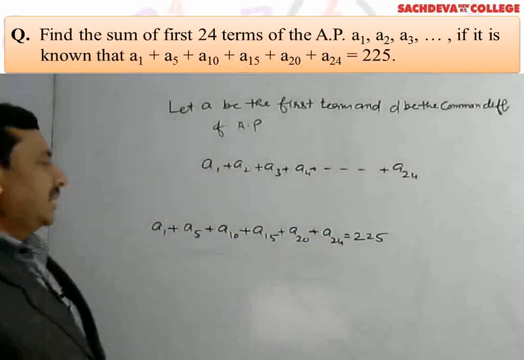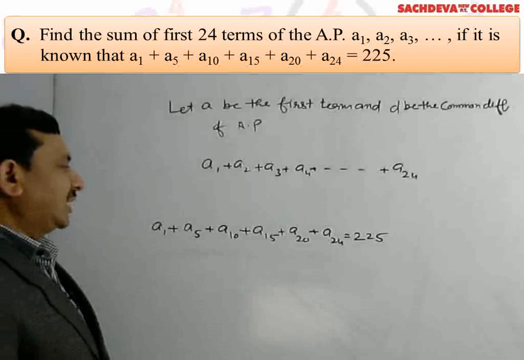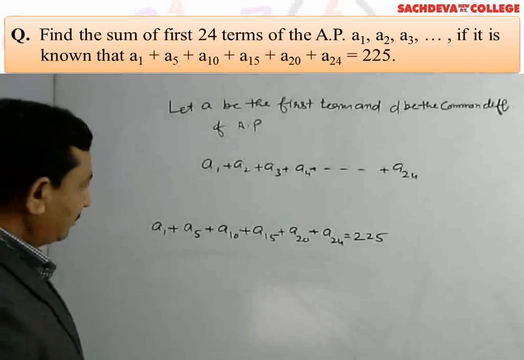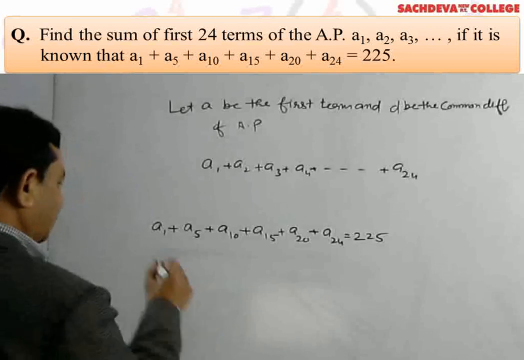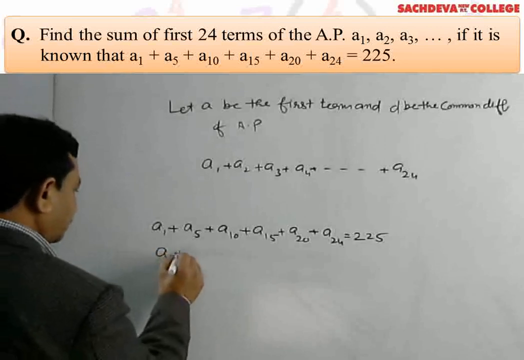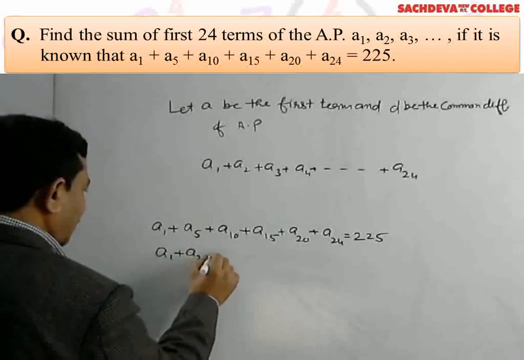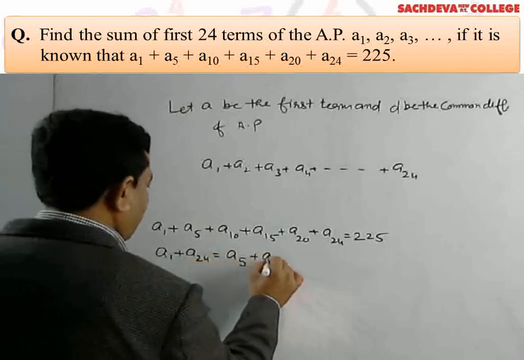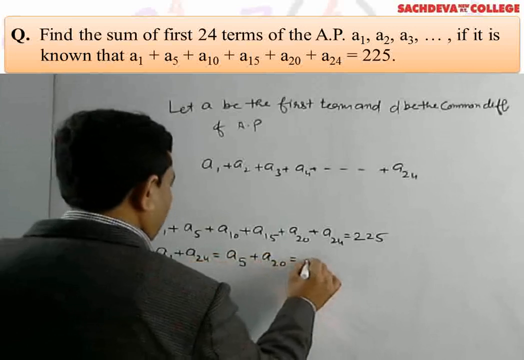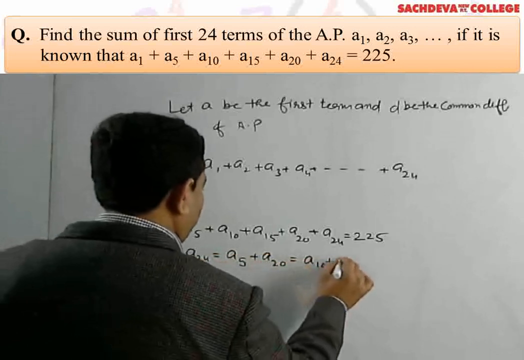We know that in AP sum of first and last term is equal to the sum of the terms which are equal distance from beginning and end. It means A1 plus A24 is equal to A5 plus A20 is equal to A10 plus A15.